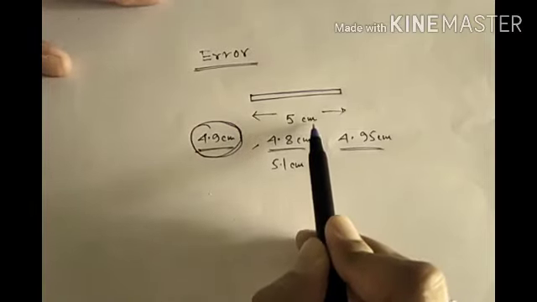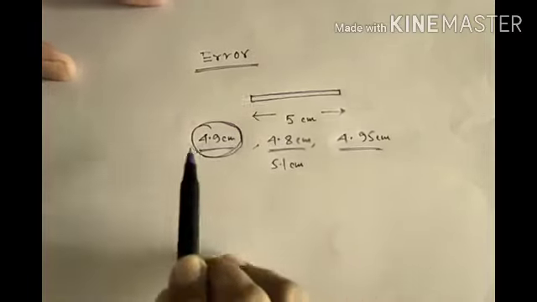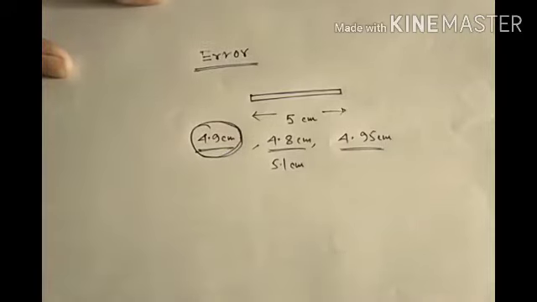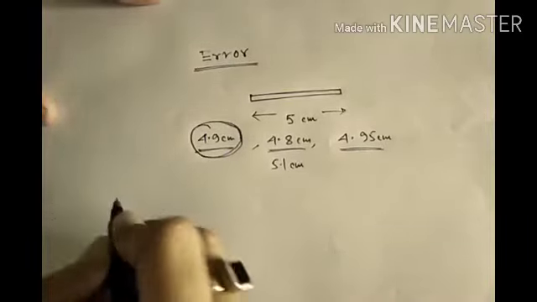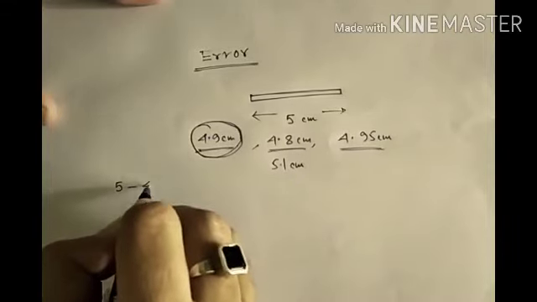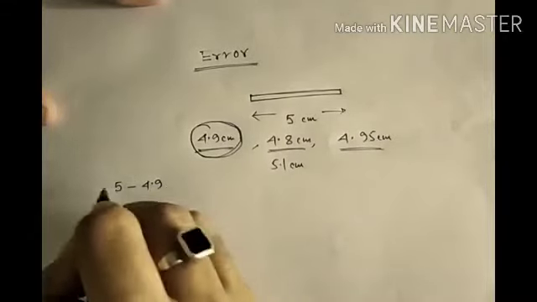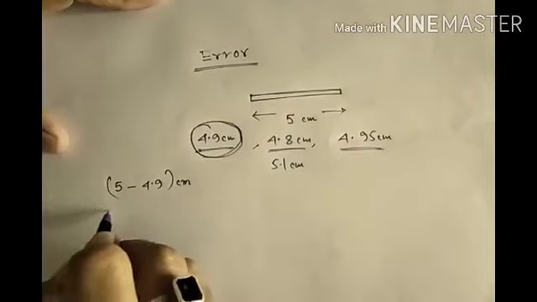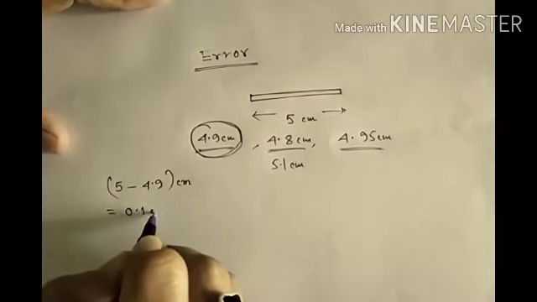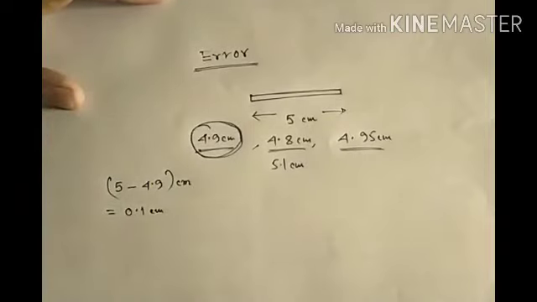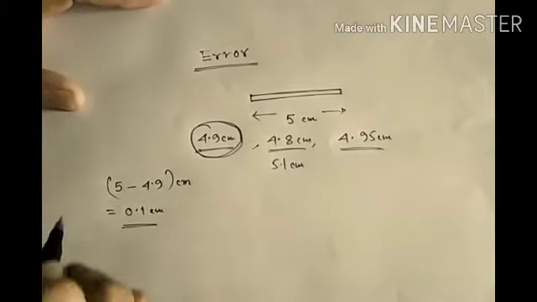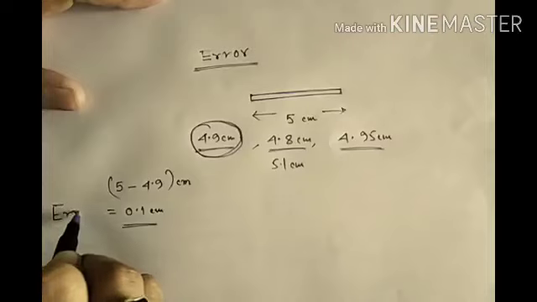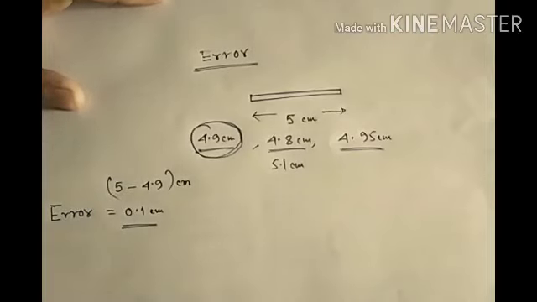But instead of 5 centimeter, what we have got is 4.9 centimeter. That means clearly there is an error. Now how much is the error here? It is 5 minus 4.9 centimeter. Don't forget to put the unit. And the result comes out to be 0.1 centimeter. And this is the amount of error.